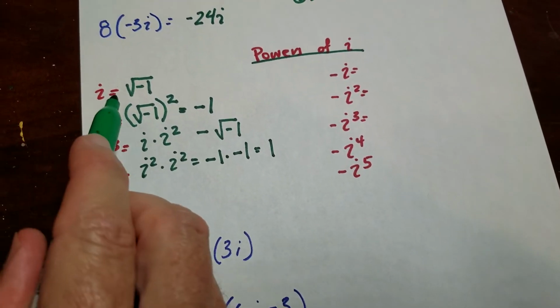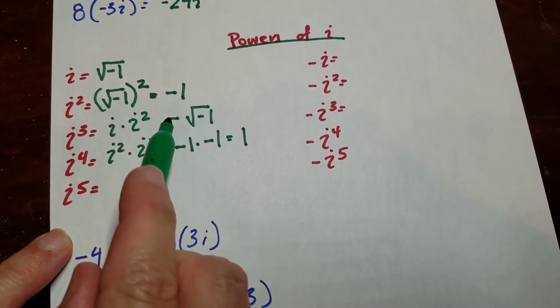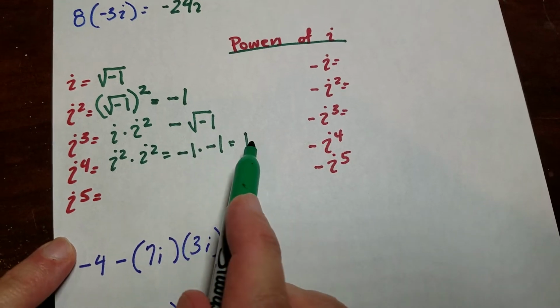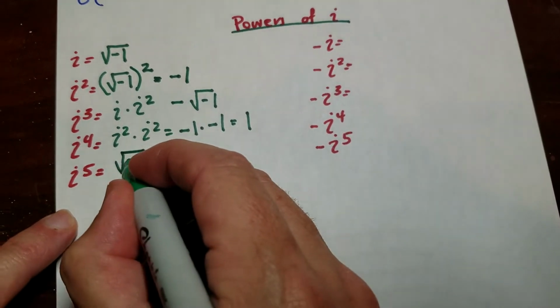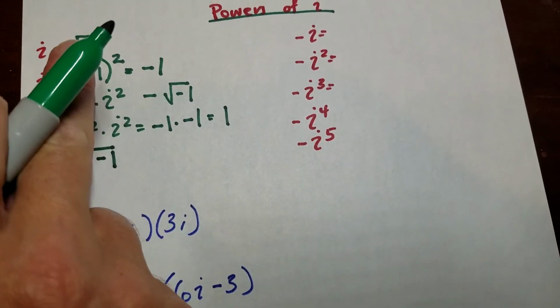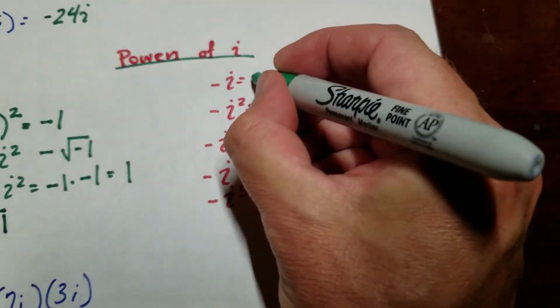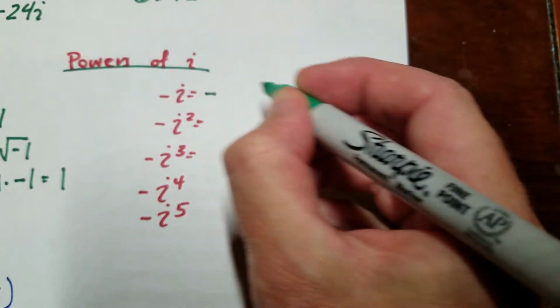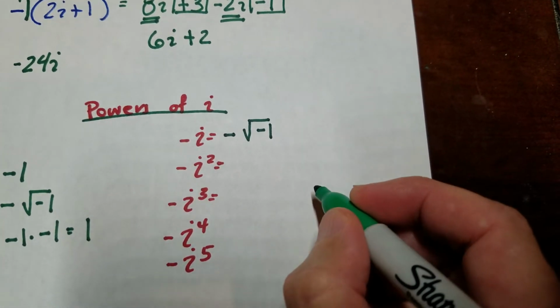And so this gives us a pattern here. It starts with the square root of -1, -1, the opposite of the square root of -1, and then +1. And i to the fifth power puts us back right here. You could keep going with this, but it just keeps repeating through these. Now this is a minus square root of -1.